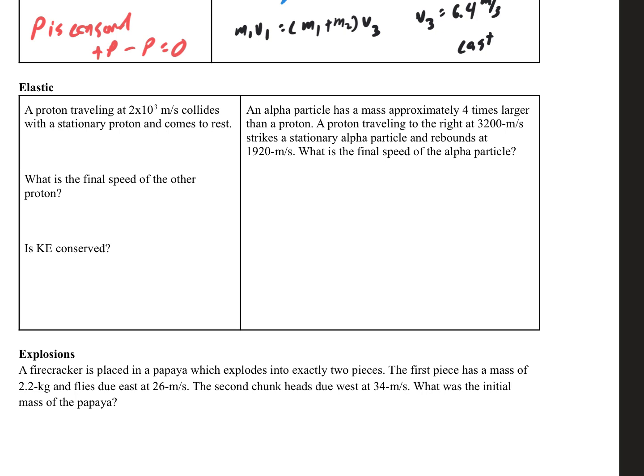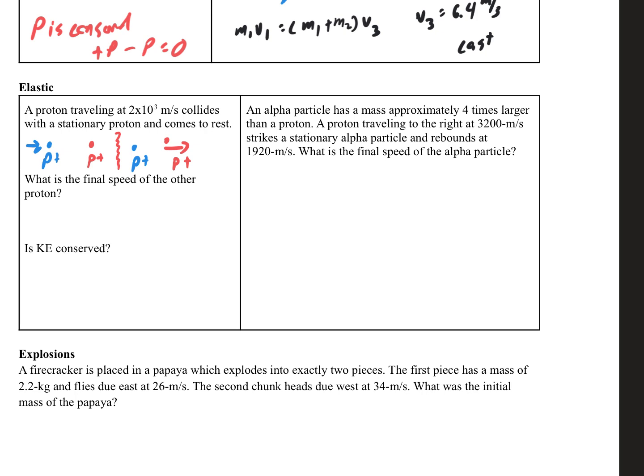So what happens is, here's my proton, and he's traveling with a certain velocity. The other proton, he's sitting there at rest. They collide. So in theory, because they're the same mass, that original proton ends up stopping, and then that proton that was initially at rest starts traveling with the same velocity.